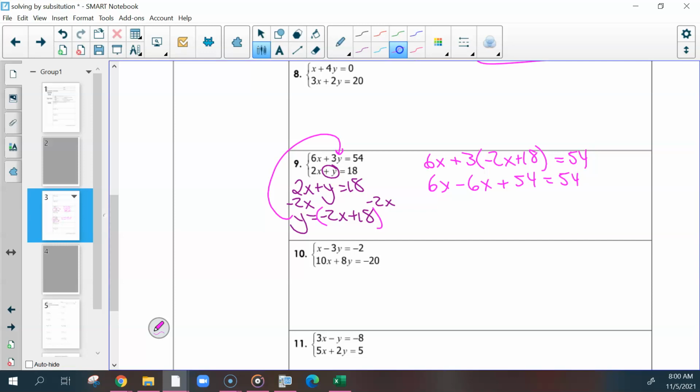Again, our x's or variable terms cancel, and we're just left with 54 equals 54. What type of solution would this be? Infinitely many.